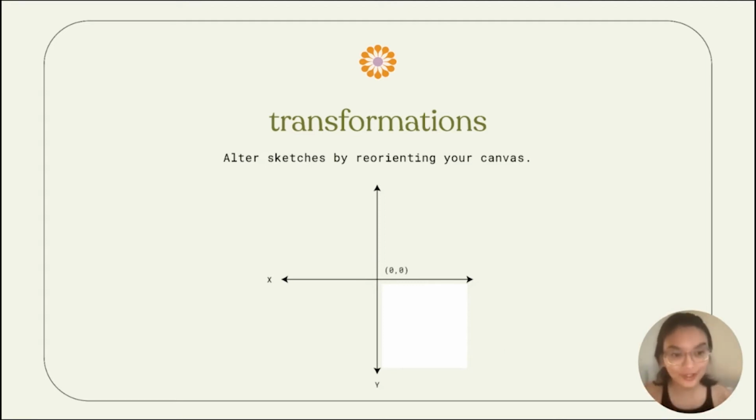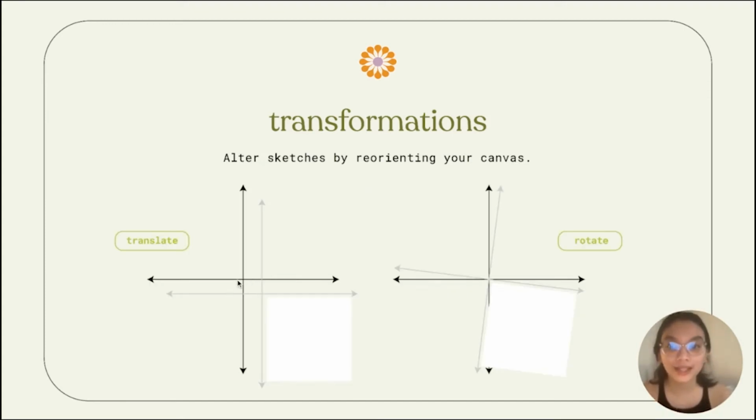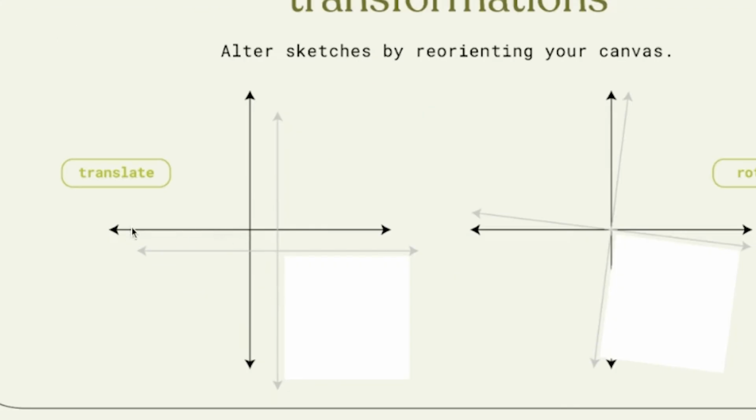Now with transformations, when we apply things like translate, or later on we'll talk about rotate and scale and things like that, it's moving not just the objects themselves, but it's moving your entire canvas to a new point, or rotating it to a different orientation. So for example, the black line here indicates where your original coordinates or starting points are.